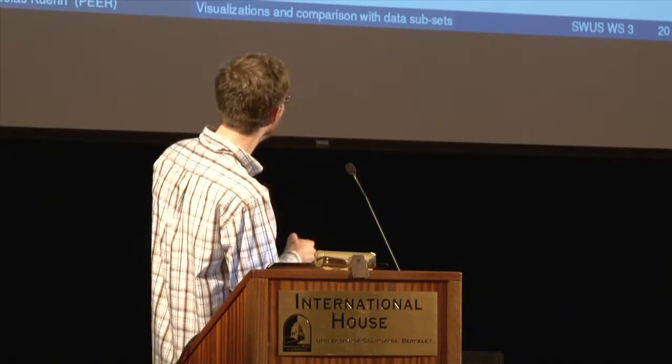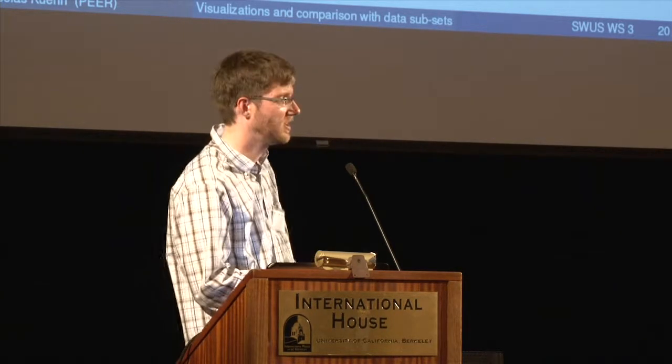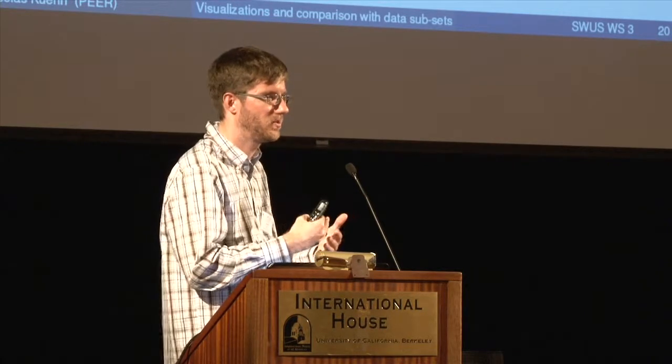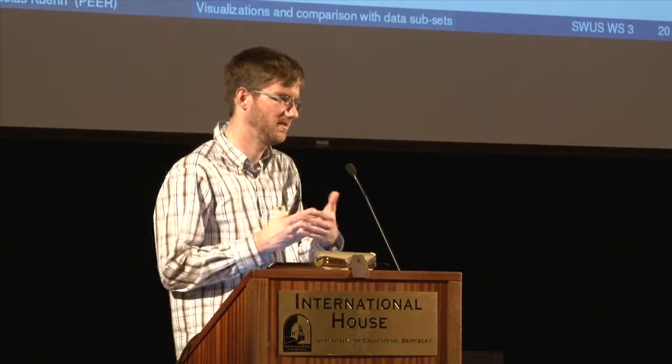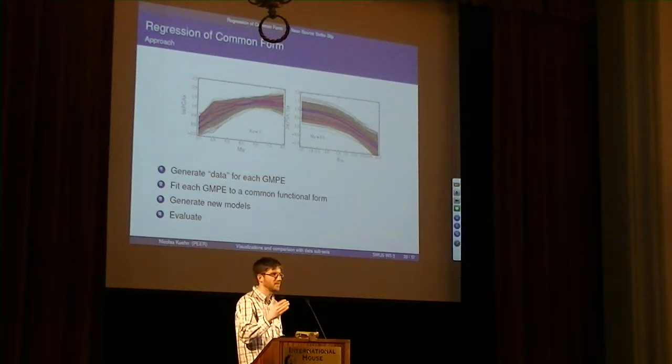I think it's really difficult to look at all of this because we're having different magnitude scalings between the models. We're having different distance scalings between the models. So even if the range is the same, still the Brazier and Kalkin still has this bump.